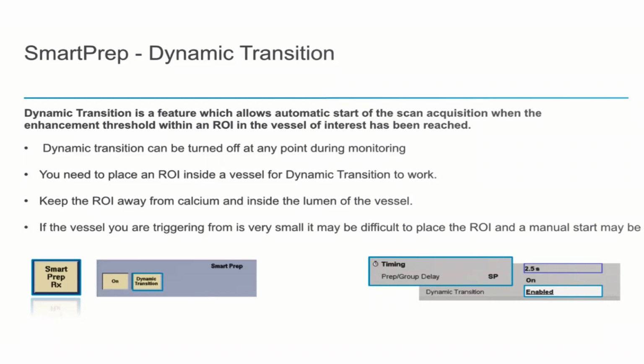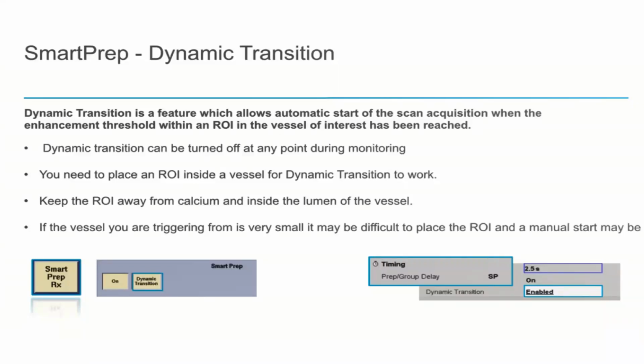Even if it's selected in the protocols, it can be turned off at any point before the start of the acquisition. It relies on there being a region of interest in a vessel on the monitoring slice. But even once the monitoring has started, the operator can override the feature and start the scan manually.